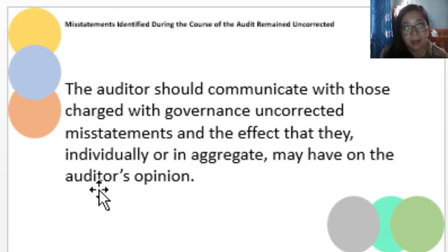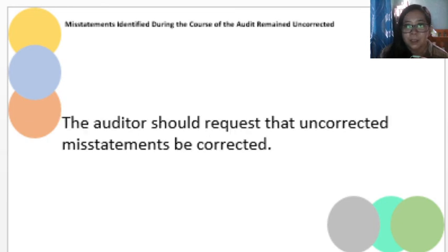That will have a great impact on the management's assertions in their financial statements as well. So the auditor should also request that these uncorrected misstatements be corrected by the management.